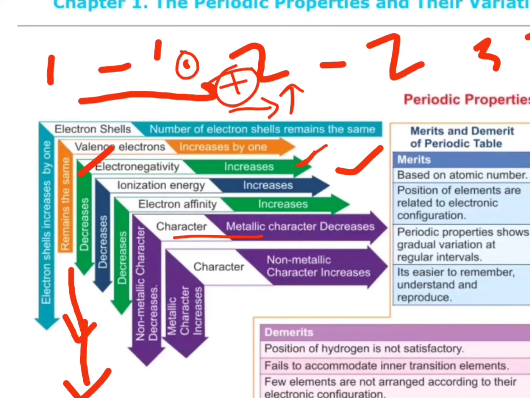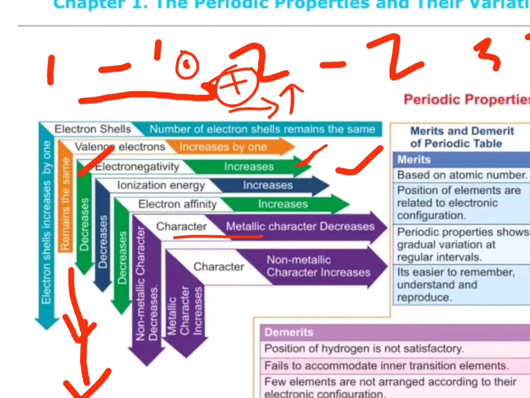With increasing size of atom, electronegativity decreases, because the force of attraction applied by the nucleus decreases. So electronegativity decreases while electropositivity increases.